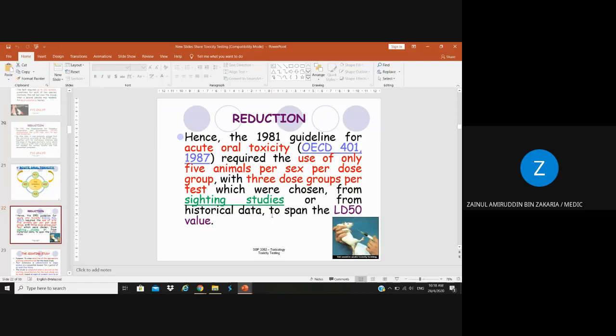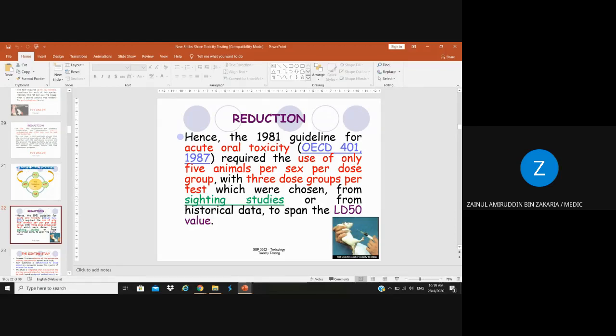Then you can assume that 300 might also cause death to, for example, rats and mice. So from there, you use 150, let's say half of it, as the highest dose to test in the mice or rats. Clear or not? Is it okay?